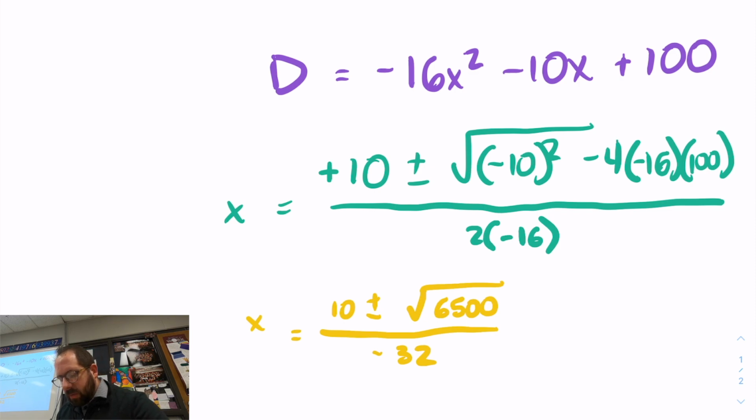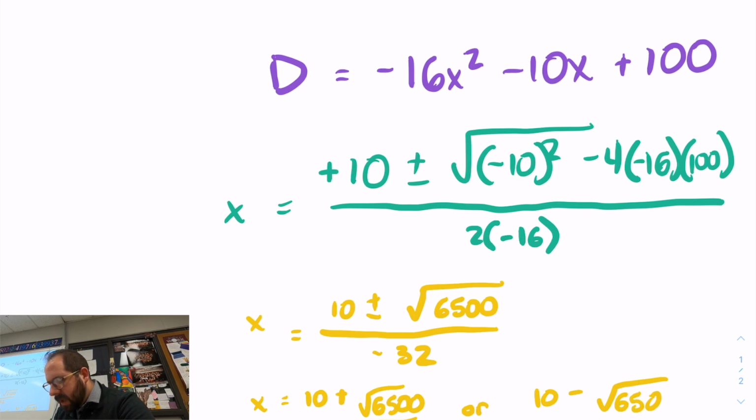So, all right, the number we're going to use here, we can either use 10 plus the square root of 6,500 divided by negative 32, or 10 minus the square root of 6,500 divided by negative 32. I think we're going to use the second one.